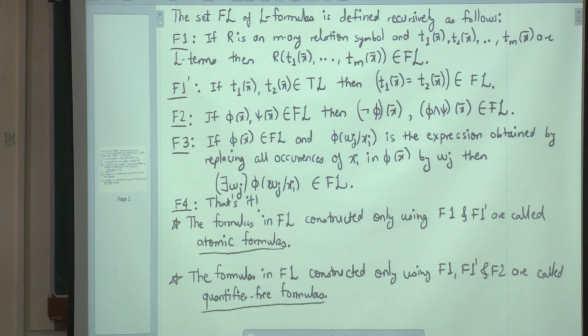Now, one thing that we have to talk about is the set of variables or the contexts. I am going to use blue color to denote that. This is the set of free variables.